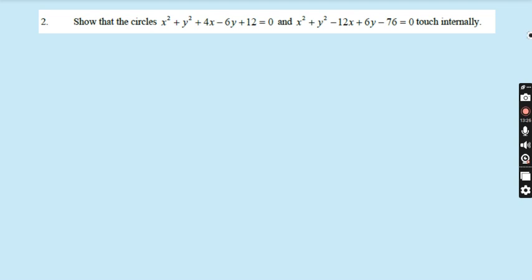Show that the circles x square plus y square plus 4x minus 6y plus 12 is equal to 0, and x square plus y square minus 12x plus 6y minus 76 is equal to 0 touch internally. So first we have to find the center and radius of both the circles.